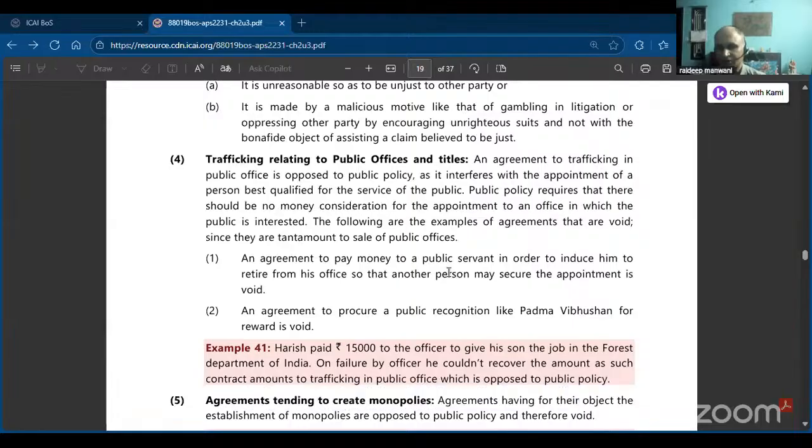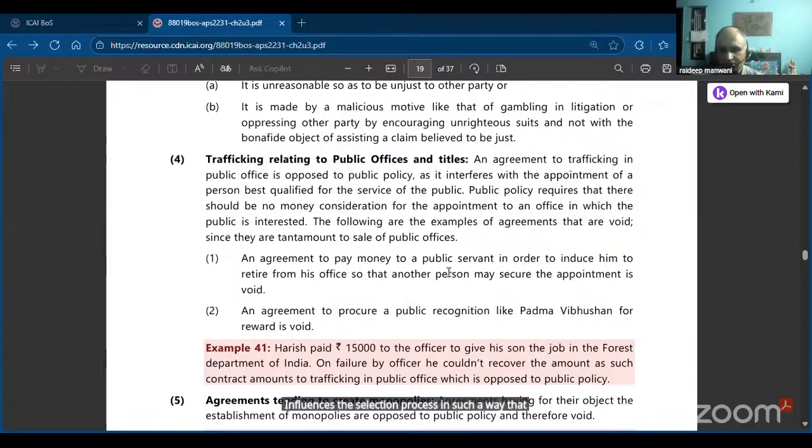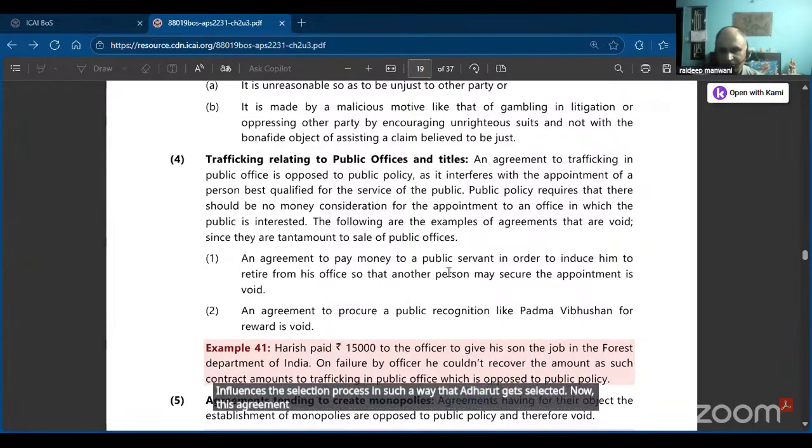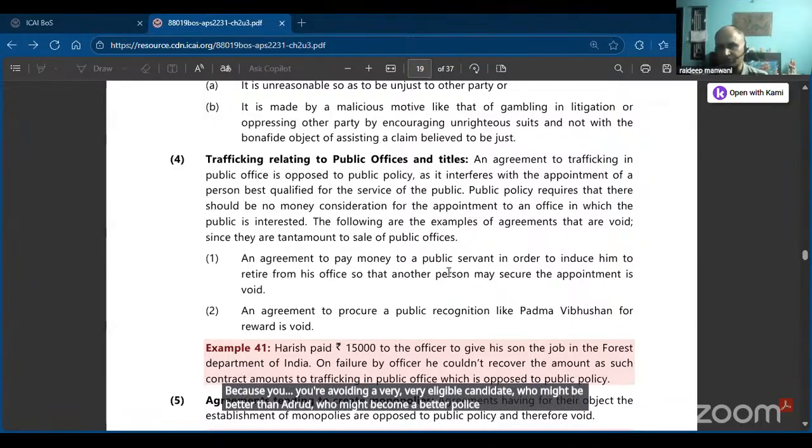And this Adrut meets one of the selection committee members and tells him, I'll give you 20 lakh rupees, you select me. They enter into an agreement, and that selection committee member influences the selection process in such a way that Adrut gets selected. Now, this agreement is null and void, because you're denying a very eligible candidate, who might become a better police officer than Adrut, the post.